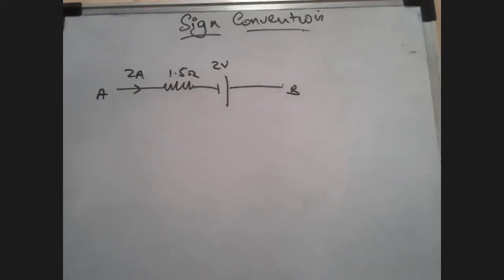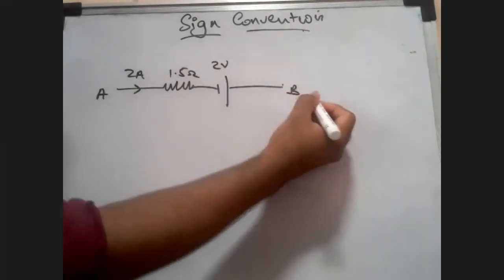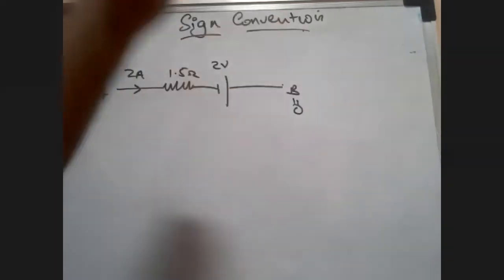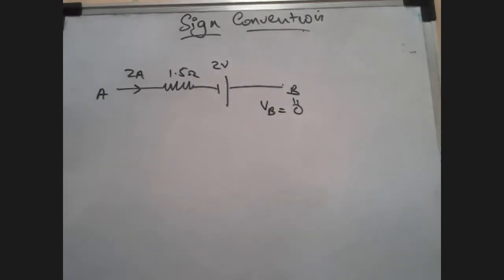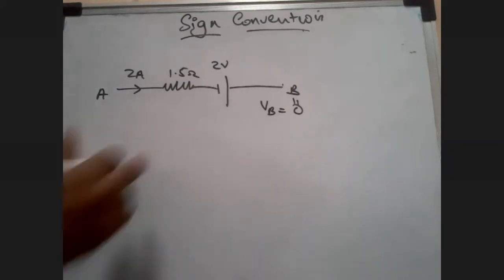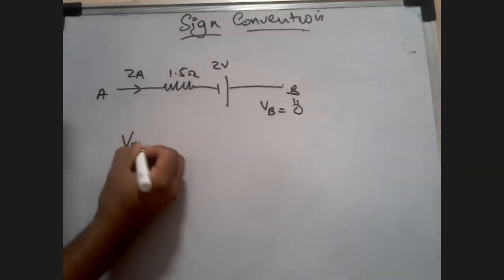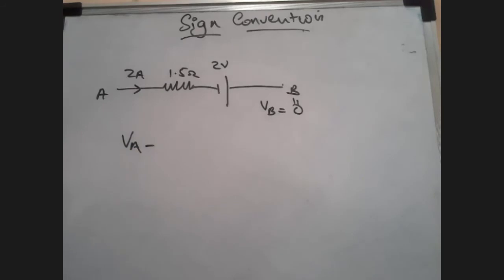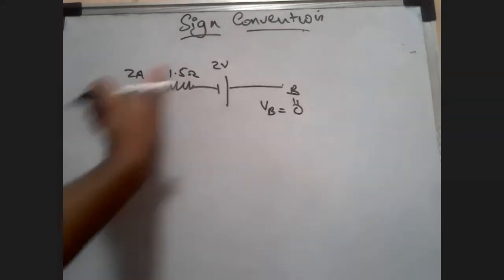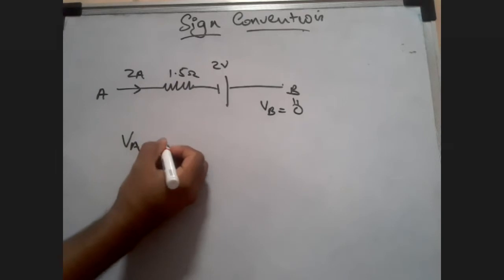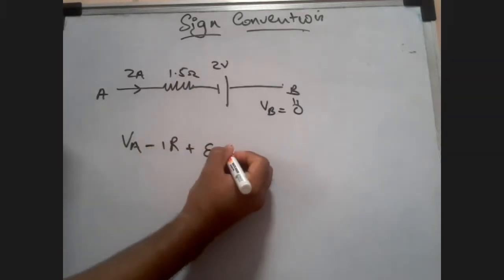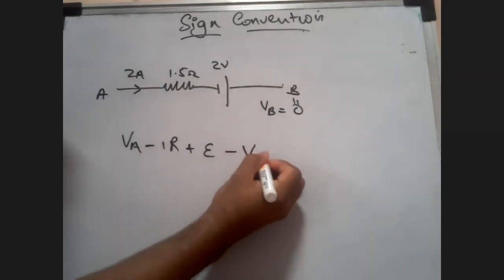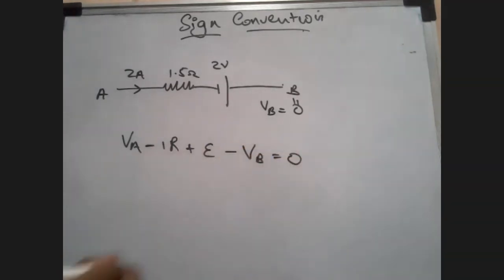I'm telling you that the potential at B is equal to 0, VB equal to 0. Tell me the potential difference. First, tell me the equation. VA plus epsilon, and minus IR. So minus IR plus epsilon, minus VB equal to 0. VB equal to 0. Write the general equation.